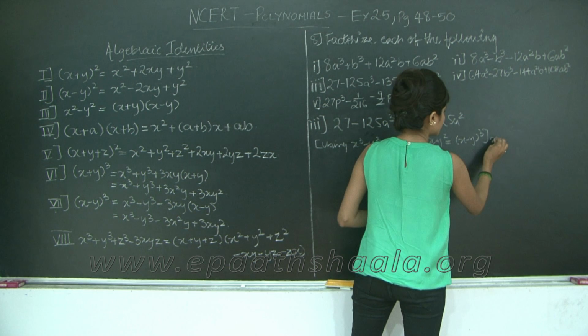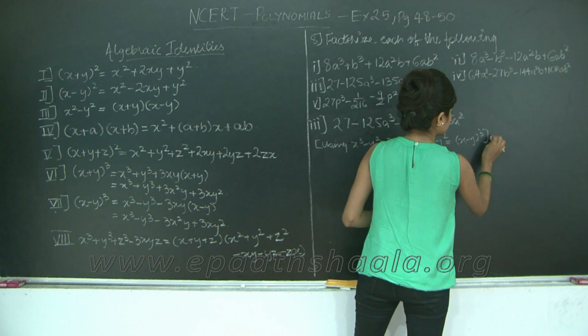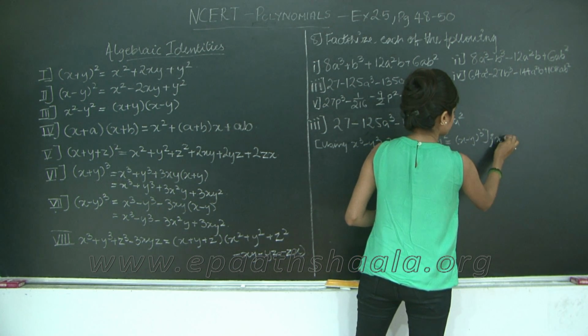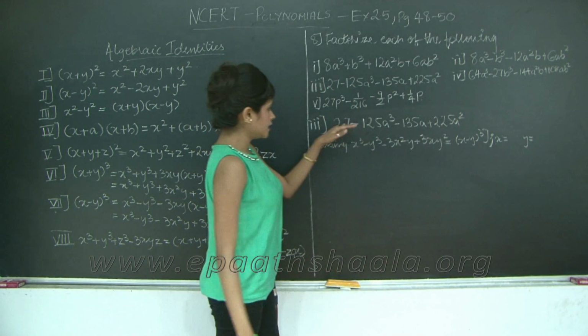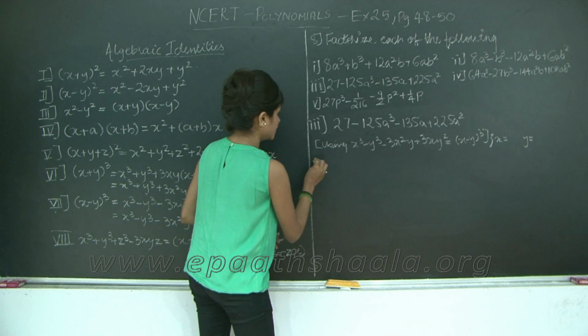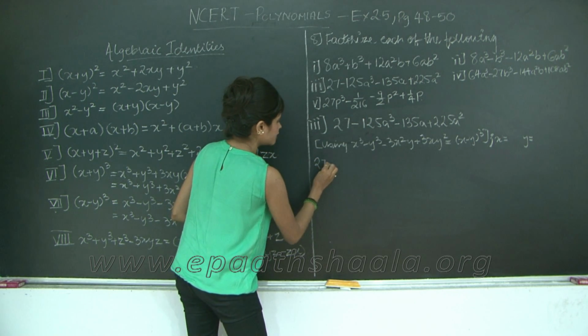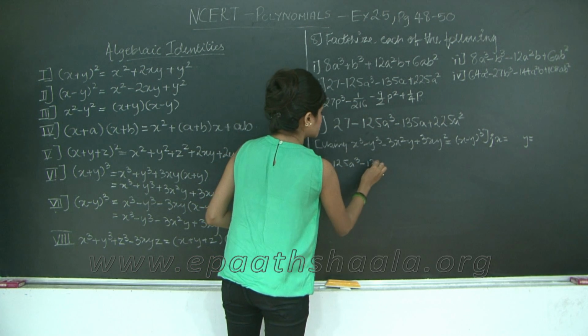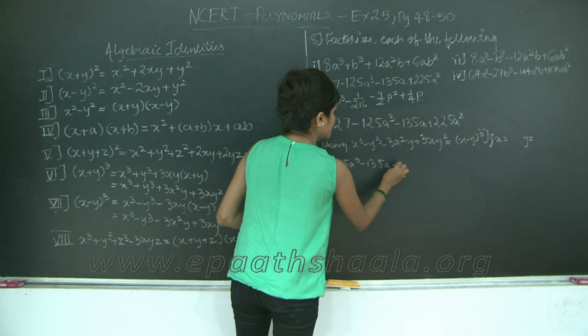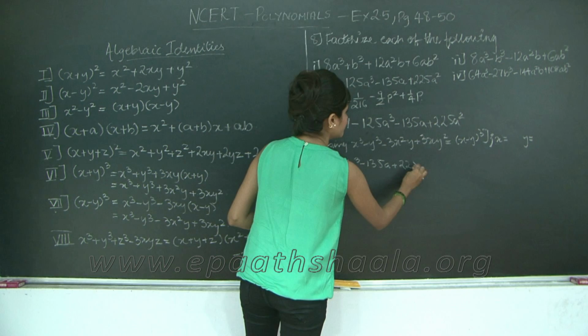Just leaving some space for x is equal to and y is equal to, right? Let us write the question once again. We have our sum as 27 minus 125a cube minus 135a plus 225a square, right?